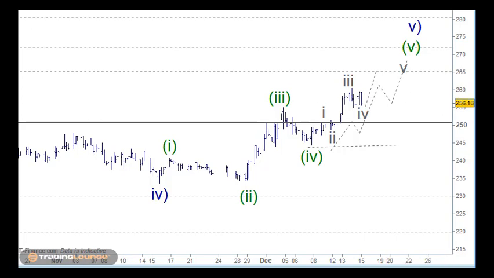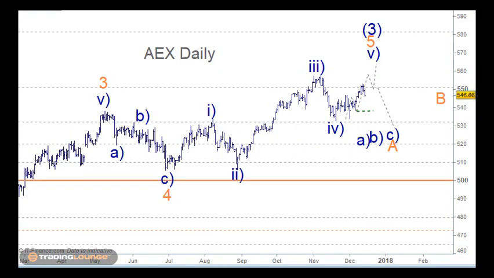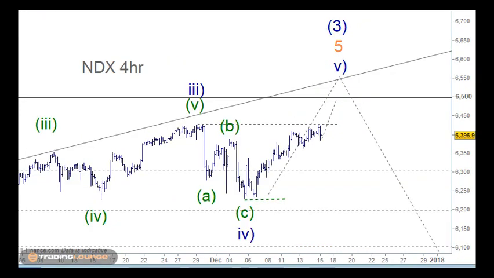And the Nasdaq as well is always important, of course. The Nasdaq here on the 4-hour chart, we were looking also at this wave 3 here, an A and a B and a C for wave 4 here. And we're looking for a move up into the 6,500 here, which is a medium level in regards to the trading levels.